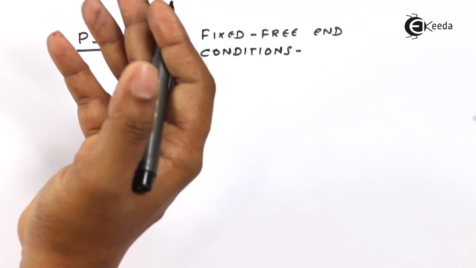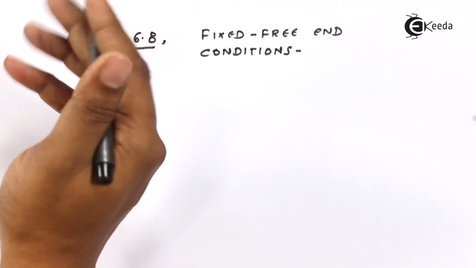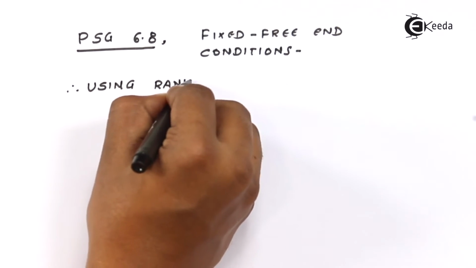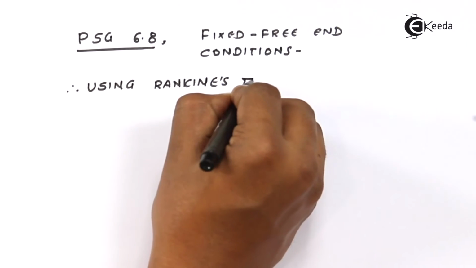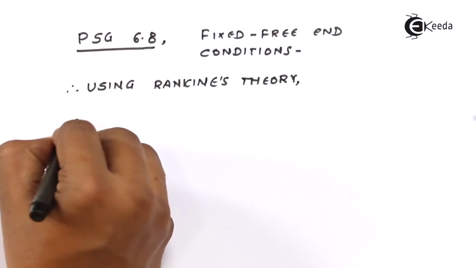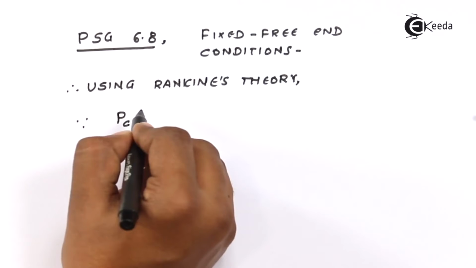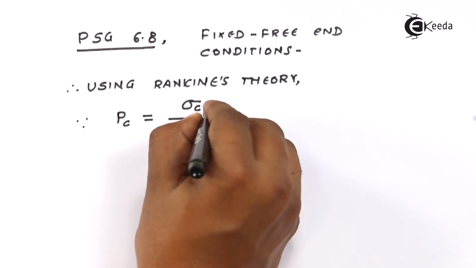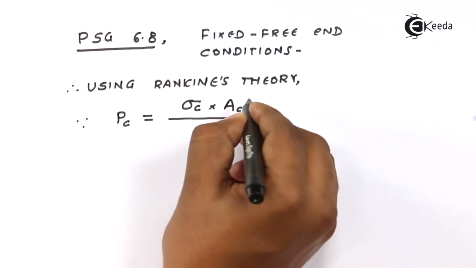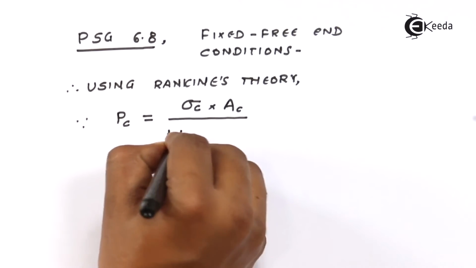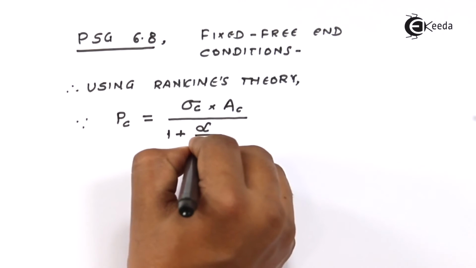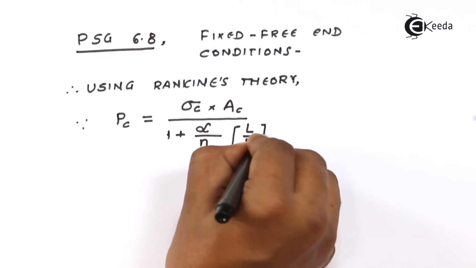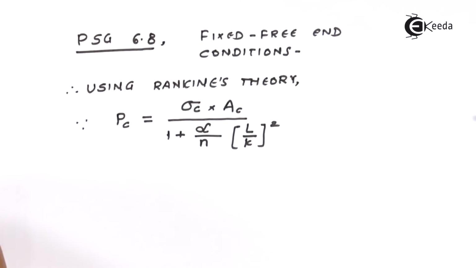Considering the height and the dimension of this, Rankine's theory will be the dominating one, and therefore using Rankine's theory, the crushing load or the crippling load is given by sigma c times area, or core area, times 1 plus alpha divided by n, or factor c, into L by K square. This is a standard empirical formula.